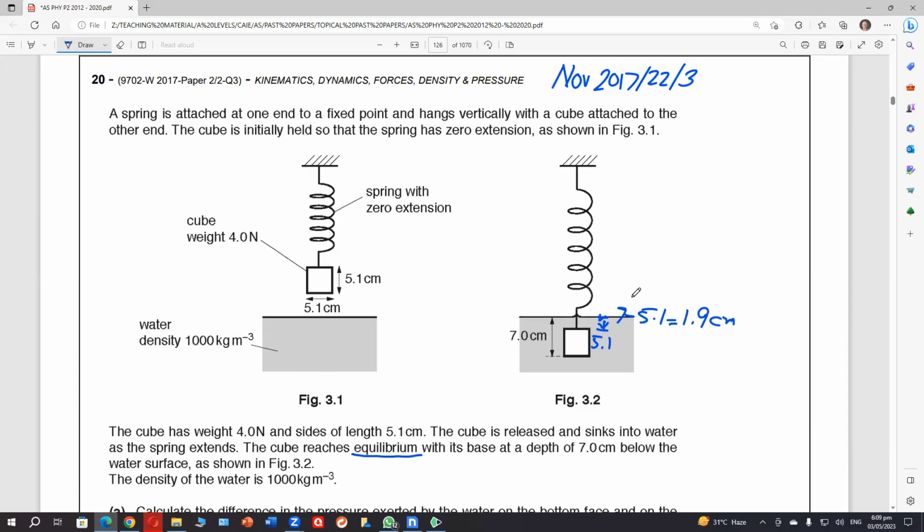Even though we have calculated the height of the top part and the depth of the lower part, you can just put the same thing.